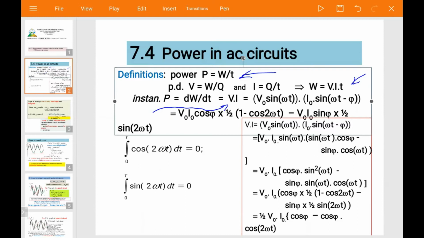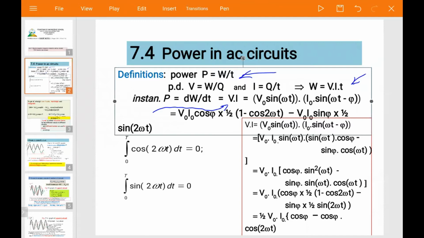Omega times t. So if you take omega t as A and phi as B, sine of A minus B, what does that give you? Cos A times sine B minus cos B sine A, and here you have a minus sign. You're going to make use of that knowledge, okay? So here you have sine omega t, one factor.